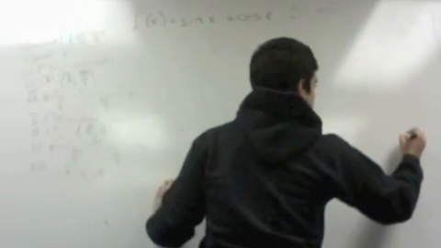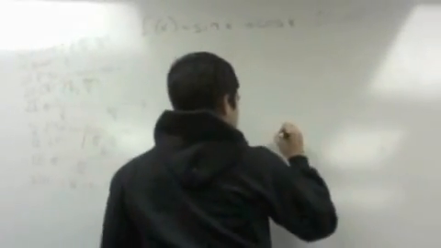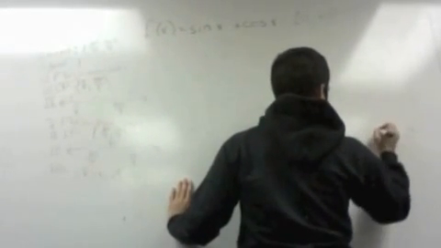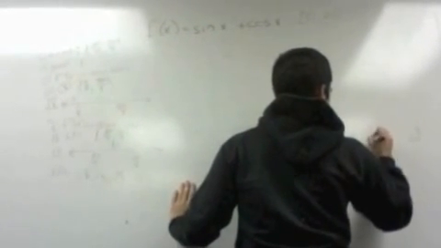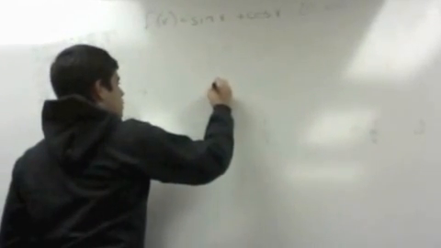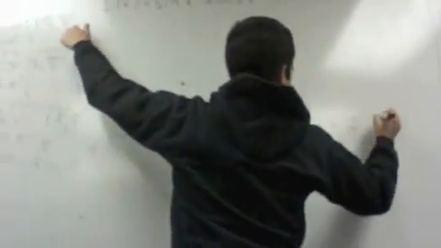Okay, we begin at 0 and our function ends at 2 pi, and let's just set the values. Okay, so we have that our y-intercept is 1. We have that our x-intercepts are 3 pi fourth, which is right here, and 7 pi fourth, which is right here.